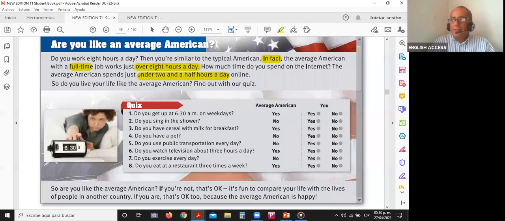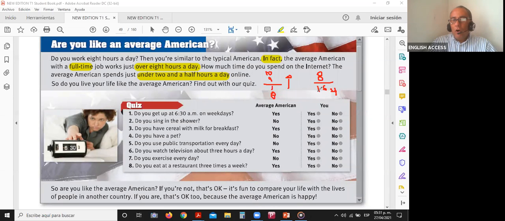Over means something like this. For example, the full-time job is 8 hours. So maybe I work over, I mean I work 9 hours or 10 hours, more than 8 hours a day. Under means that if 8 is the total, I work 6 or 4 hours.